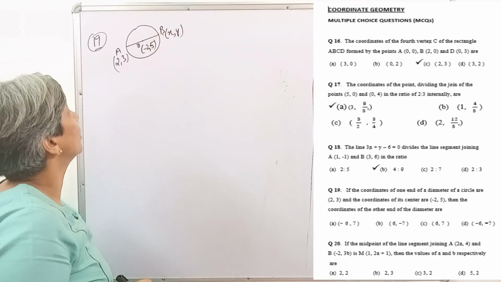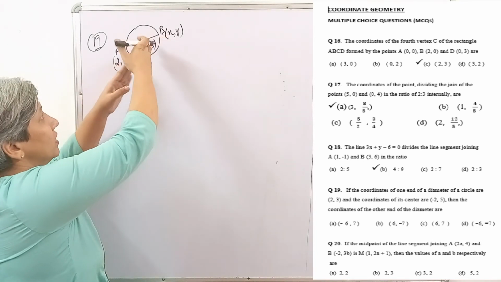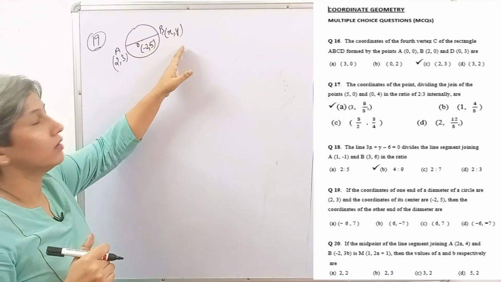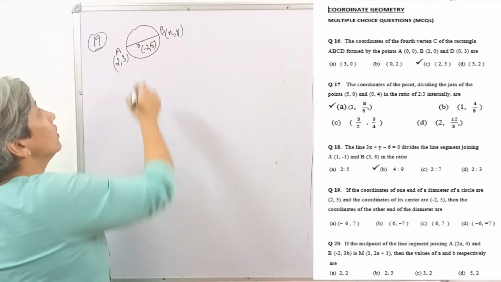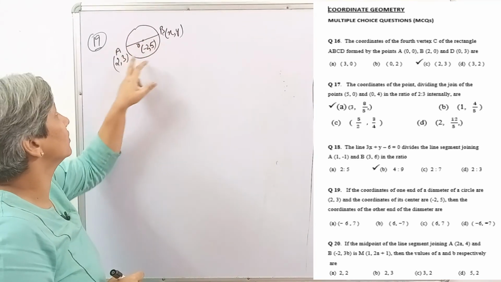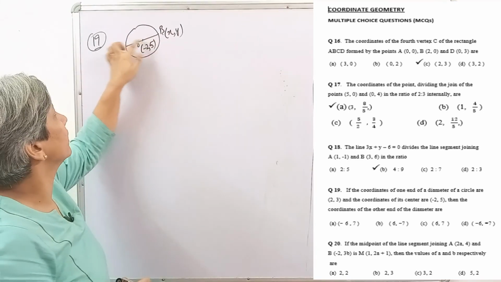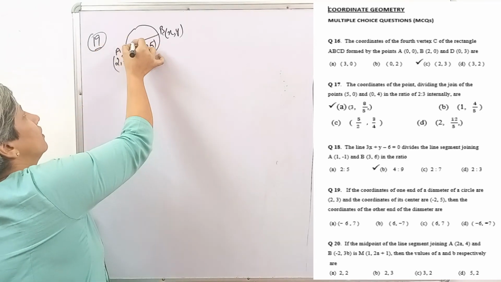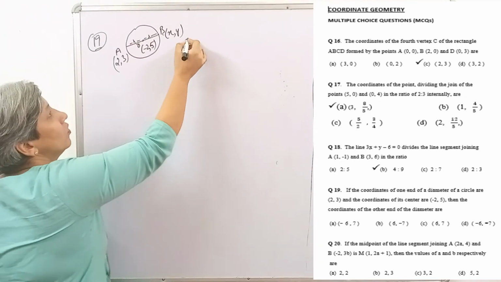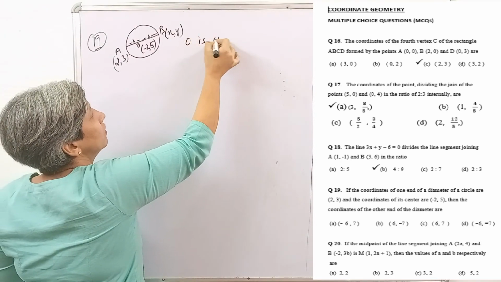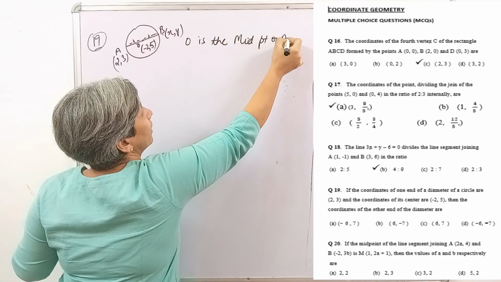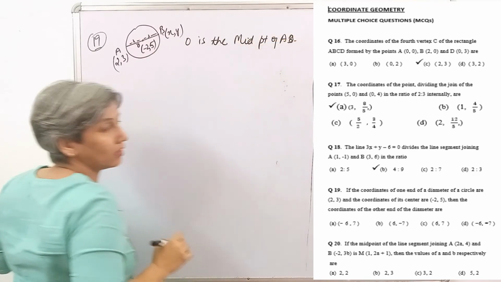Okay, so normally an end point was given and you had to find the midpoint; this time the midpoint is given, and we know this is the midpoint because the center of a circle is always the center of its diameter also. This is radius r, this is also radius r, which is equal, right. So O is the midpoint of AB, right.